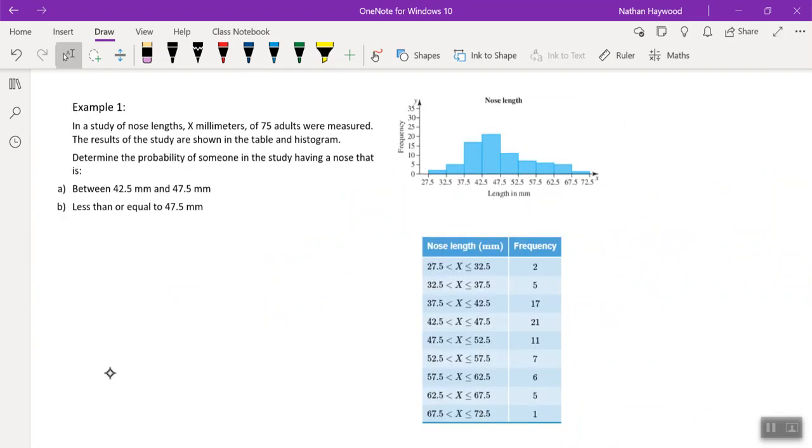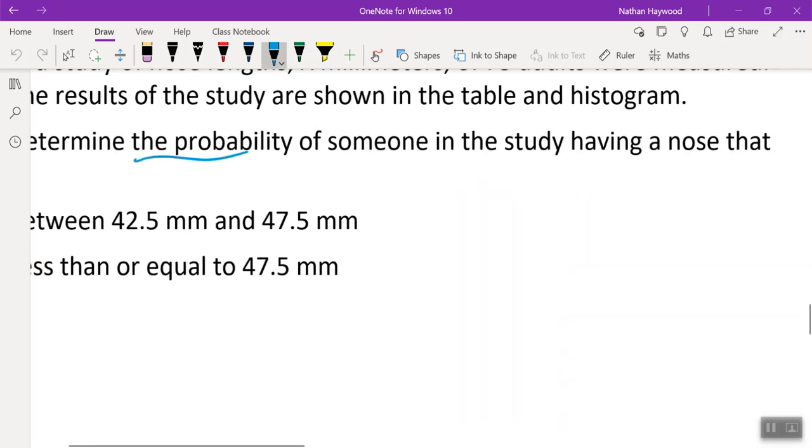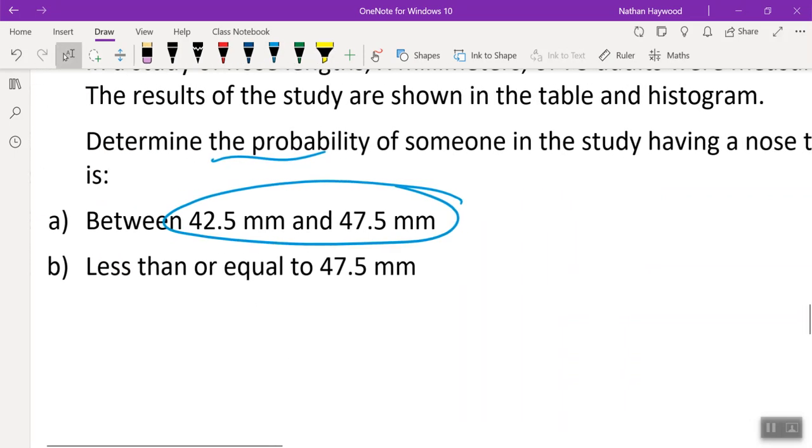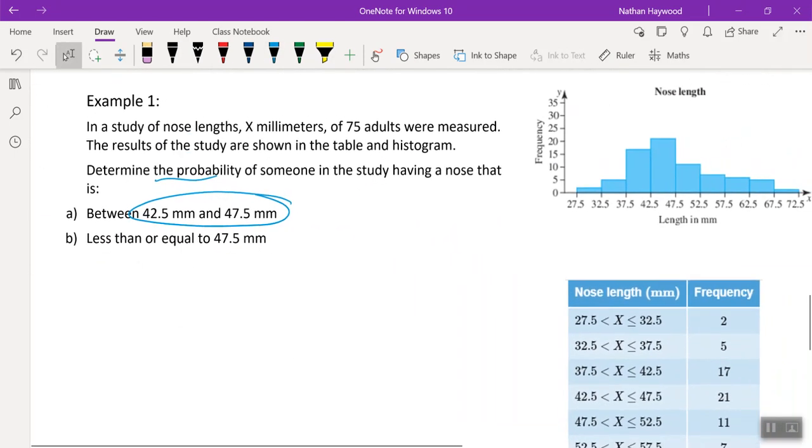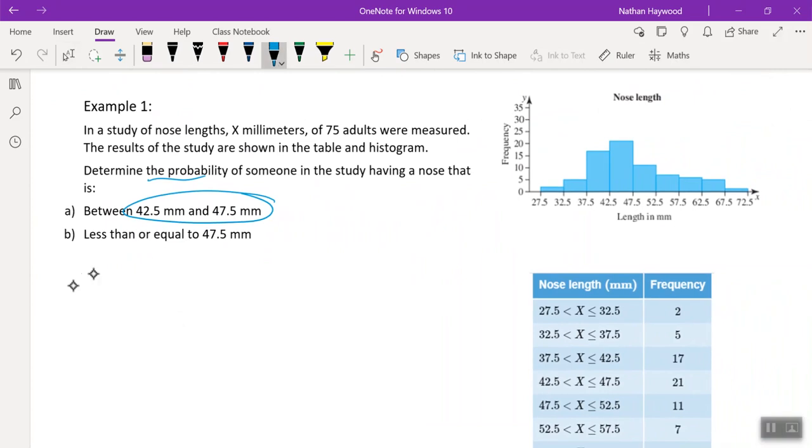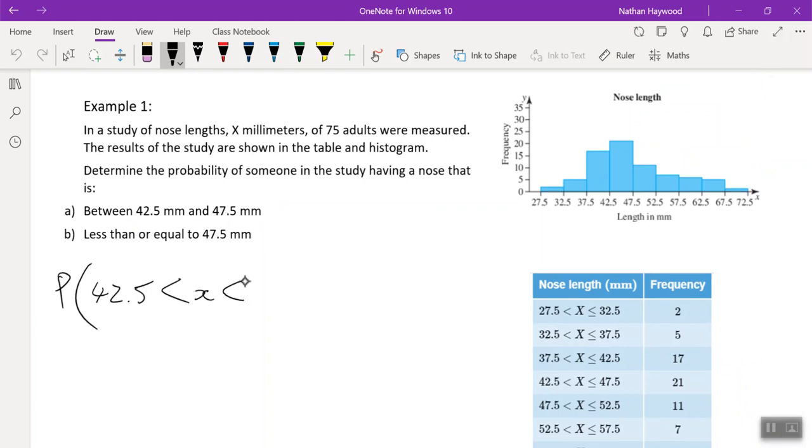Look at determining the probability between 42.5 and 47.5. So, what is the probability, or what's the frequency? How many had between 42.5 and 47.5?